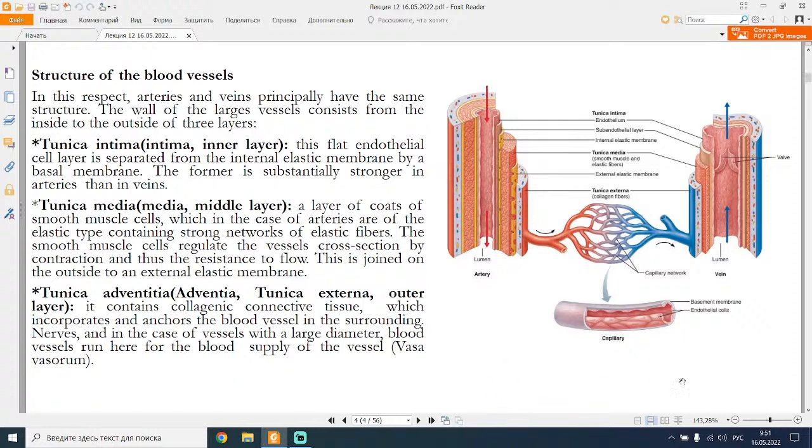In this respect, arteries and veins principally have the same structure. The wall of the largest vessels consists, from the inside to the outside, of three layers: tunica intima, tunica media, tunica adventitia.